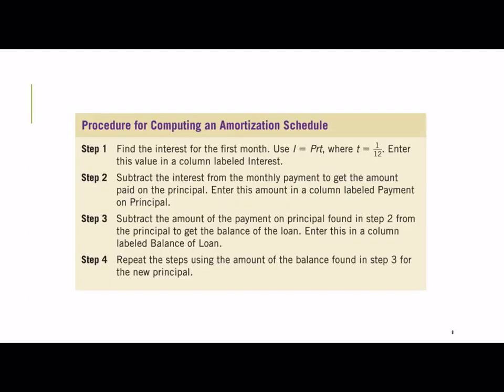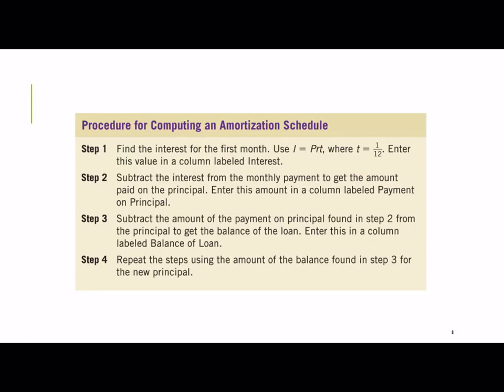All right, so here's the procedure. To find interest for each month, we're going to be using I = PRT. Pause for a minute there. We did say that this is compound interest, and yet we're using this simple interest formula. Remember that compound interest is based on simple interest. Back when we talked initially about how to find compound interest, we did use I = PRT, but we just kept modifying that principal each time and adding the interest into the principal.